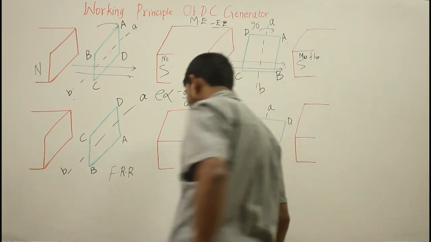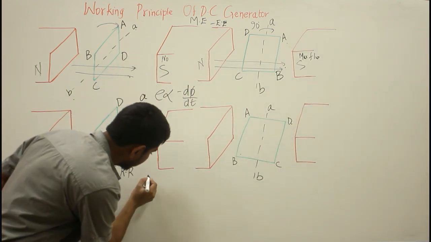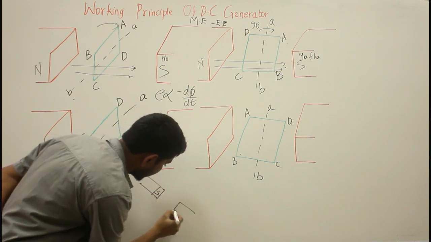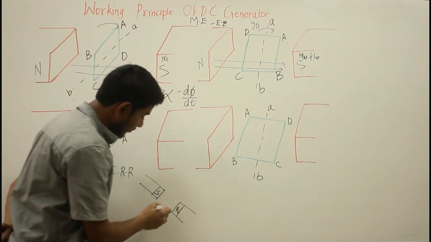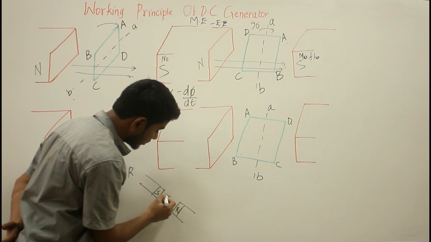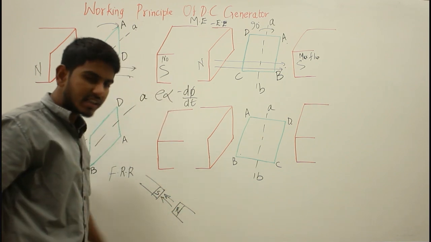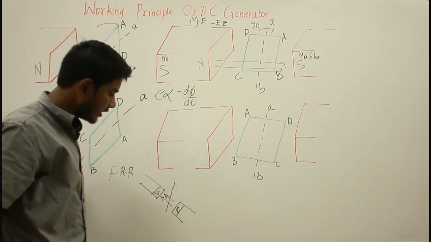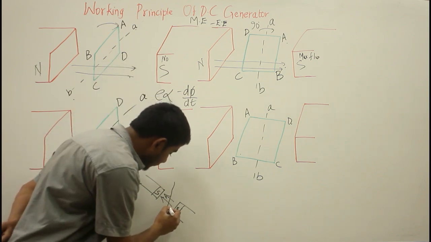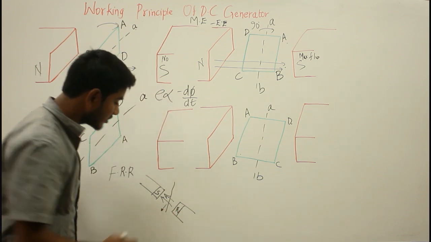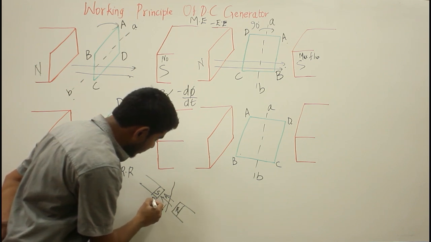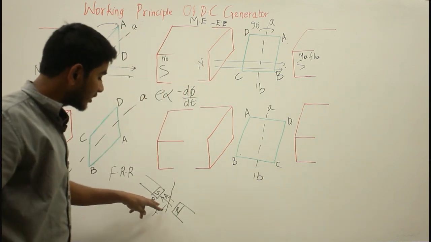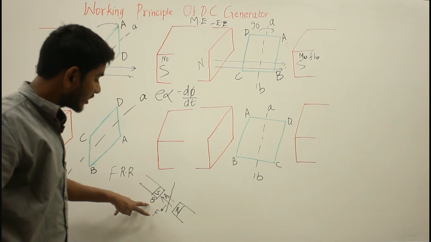Say this is my south pole and this is my north pole, so the magnetic flux lines from north to south are in this direction, and I forcefully bring a conductor into this magnetic field. If the direction of force is in this way, and this is the direction of the magnetic field, then the direction of the induced current will be mutually perpendicular to both of these quantities.